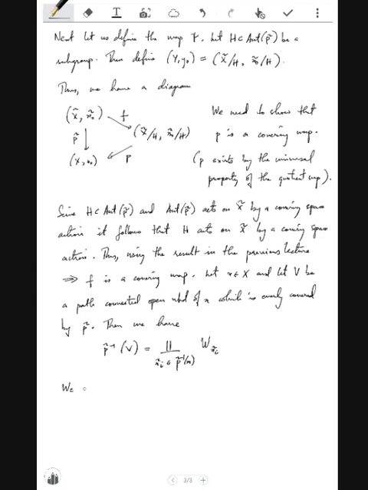So we already saw Aut p tilde acts freely and transitively on the fiber p tilde inverse x.